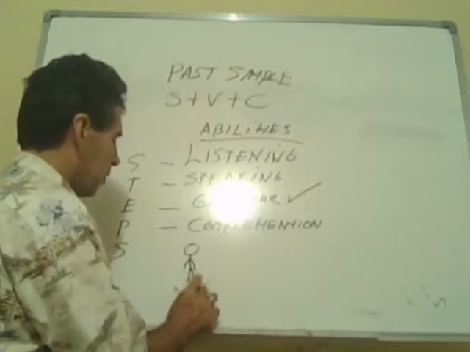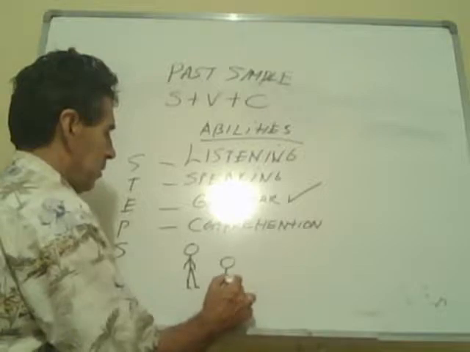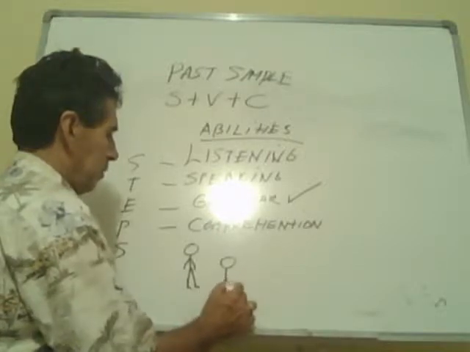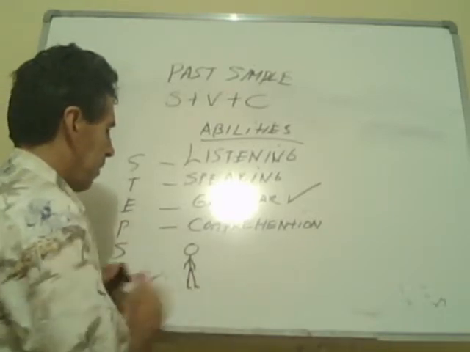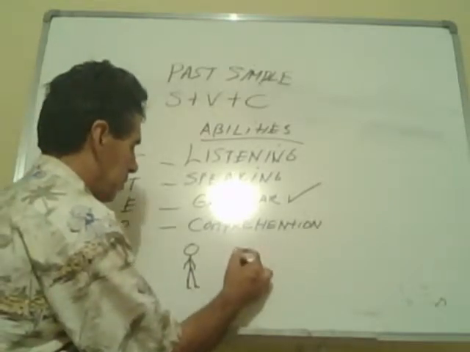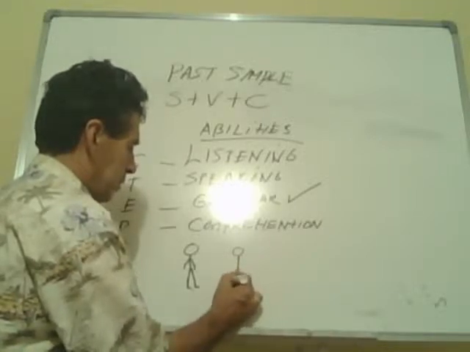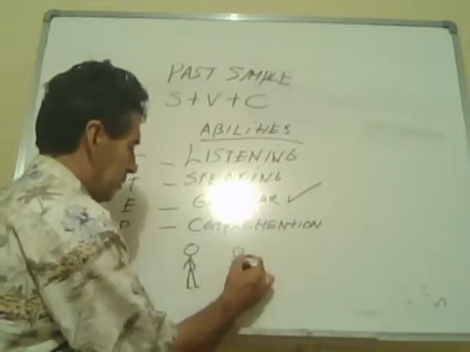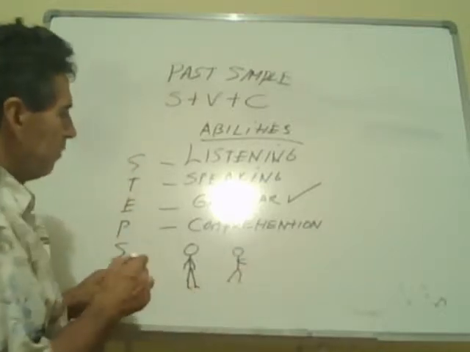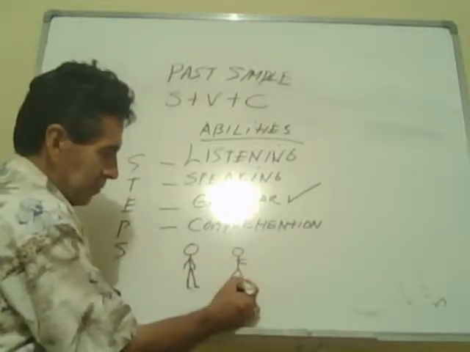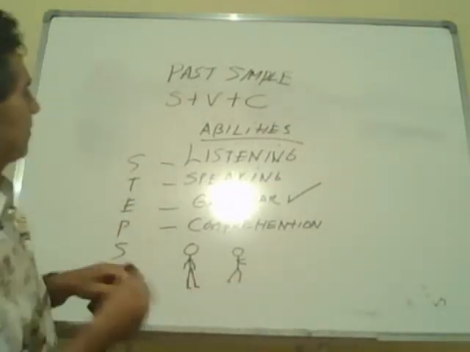If you see a person walking like this, you notice that is walking, right? So this is a step. 1 step, 2 steps, and so forth. So that's what steps are.